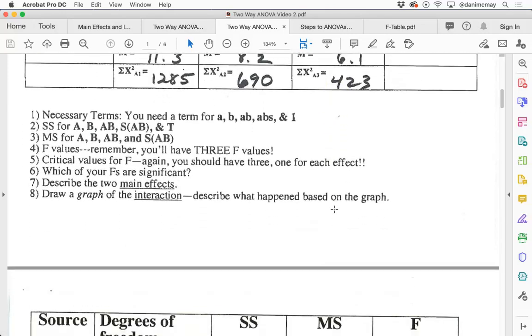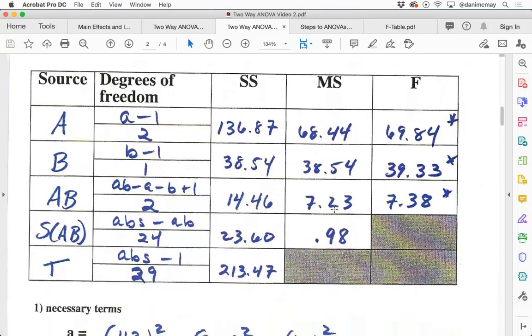So that becomes our S. So 6 times 5 is 30, minus 6 is 24, and then 6 times 5 is 30, minus 1 is 29. Okay, so this is our degrees of freedom.